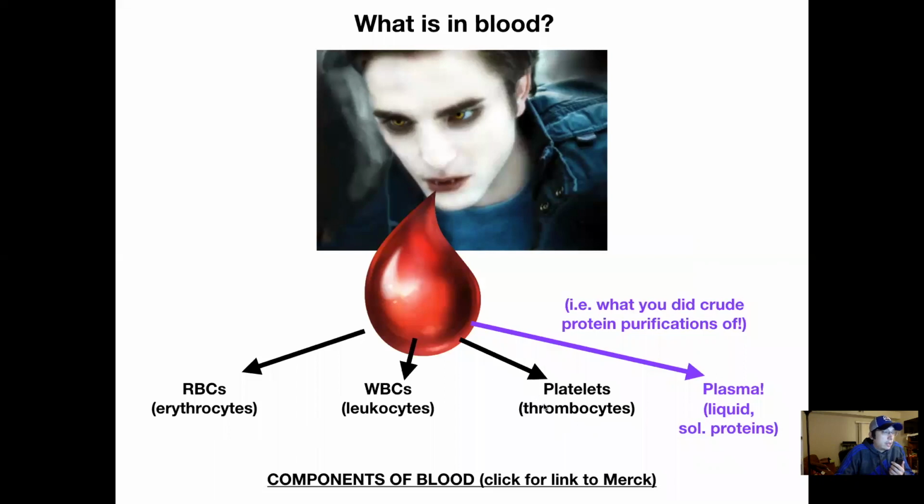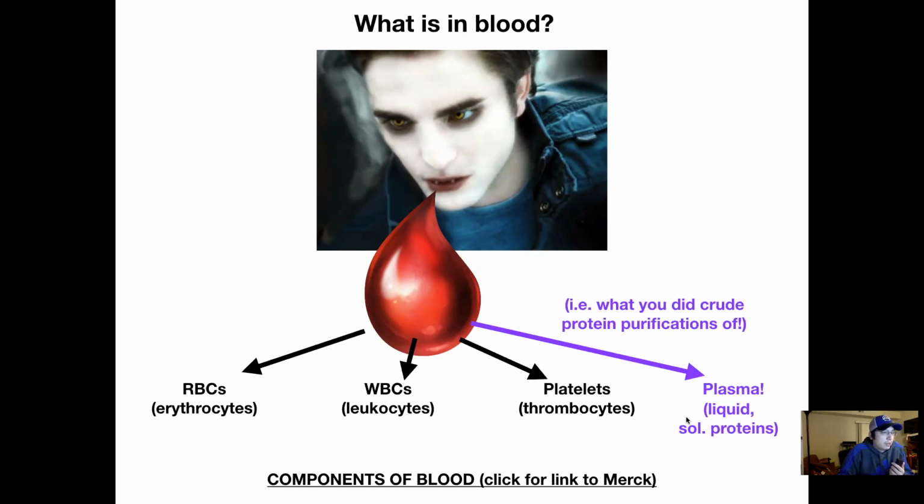On Friday, I'll talk a little bit about platelets. For the most part, we're going to ignore these things. The focus of today is the plasma component, which includes essentially the liquid part of blood, but also all of the soluble proteins that are in it.